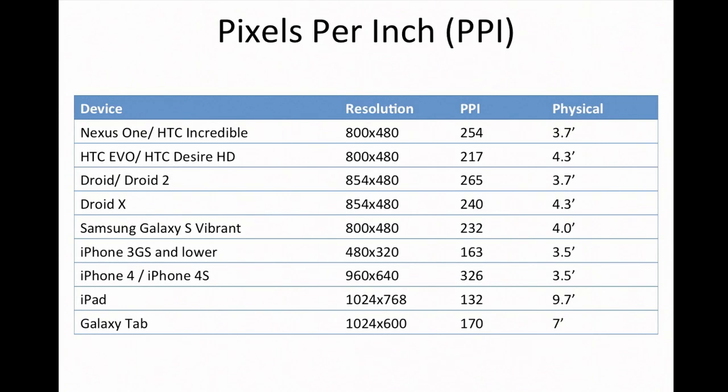I mean, look at the Galaxy Tab. It's 170 PPI. So the size there is going to be very different than, say, putting a 50 pixel graphic on the high resolution iPhone 4 and iPhone 4S. What it boils down to is how physically big is the target that the user can touch.